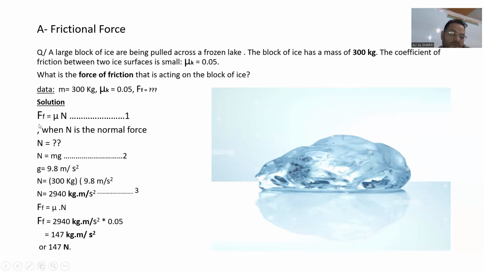Solution: like I said before, we will write the equation, the friction force equals the coefficient of friction, which we know from the data, multiplied by the force in Newtons, the normal force. But here we don't have the normal force. By that, as we know, force in Newton units equals mass multiplied by acceleration.